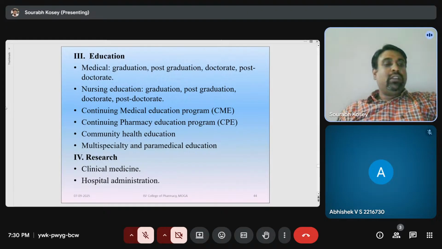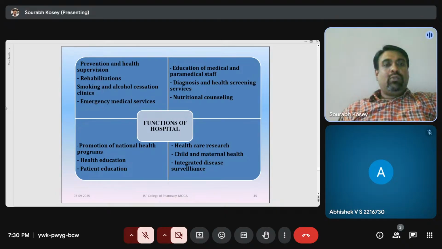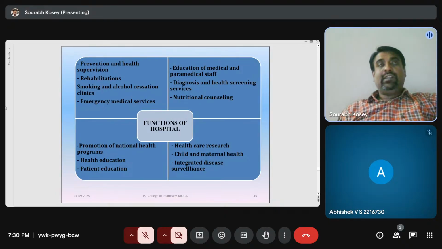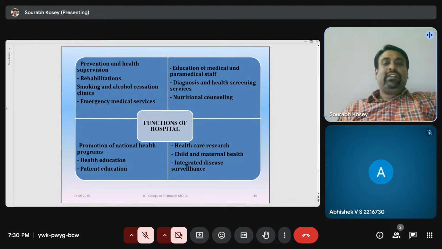This is important for you to understand, that the hospital is of high gravity, particularly in preventive health, rehabilitation, prophylaxis, and lifestyle modifications like dietary changes, alcohol and smoking cessation clinics, mobile de-addiction clinics, emergency medical services, and CMEs, health screening services, capillary blood glucose monitoring, vital signs monitoring, nutritional counseling, promotion of national health programs like health education, patient education, healthcare research, child and maternal health, integrated disease surveillance program, etc.